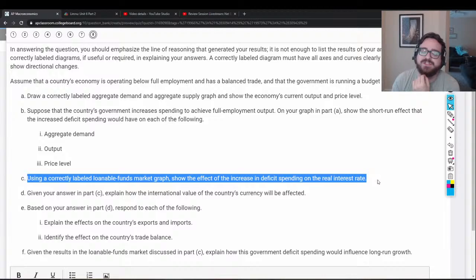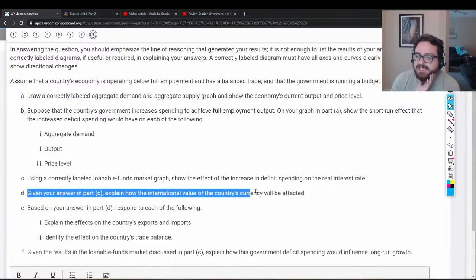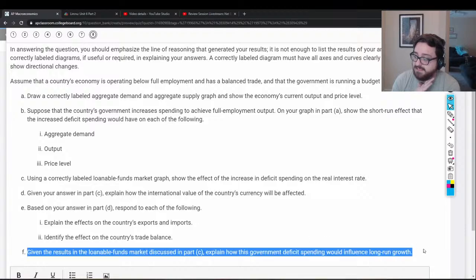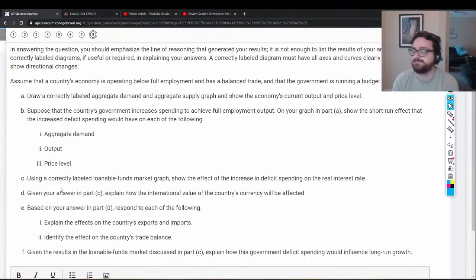Say you get real interest rates going down because you mess up your global funds market graph. Looking at this, D is based on C, E is based on D, which is based on C, F is based on C, and you might panic and think, oh my god, I missed everything from C to the end.